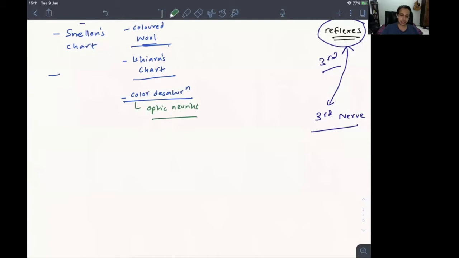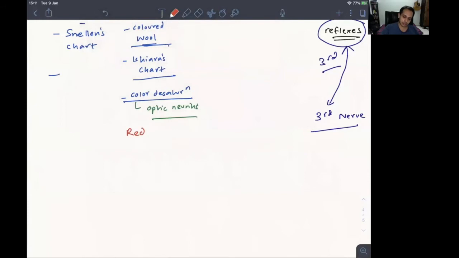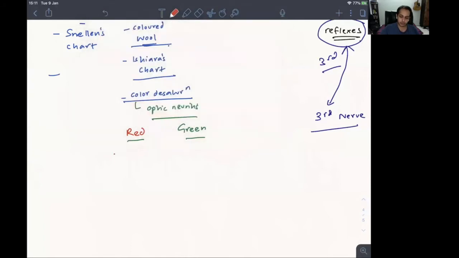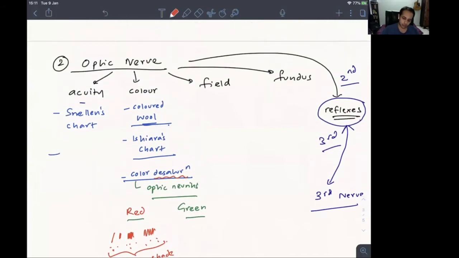What this means is that the patient may be able to identify between red and green, so we would think that his color vision is normal, but inside red, if you check for different shades of red, then the patient may not be able to identify between the different shades, and he would think that all of them are the same shade. So that means that his ability to differentiate saturation of colors is gone, and that is one of the early signs of optic neuritis. So that is about color.